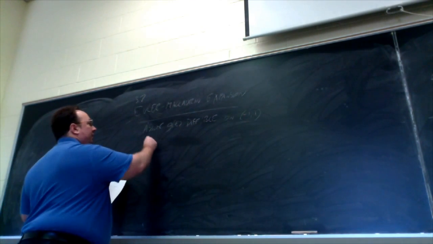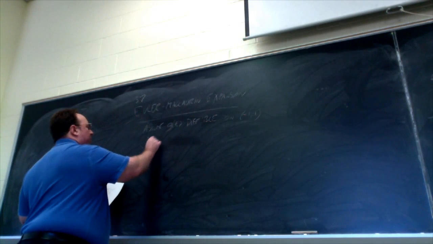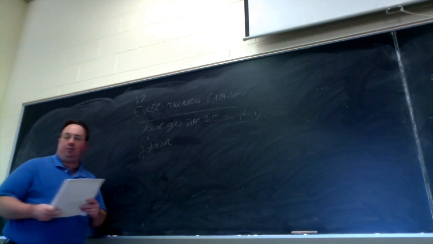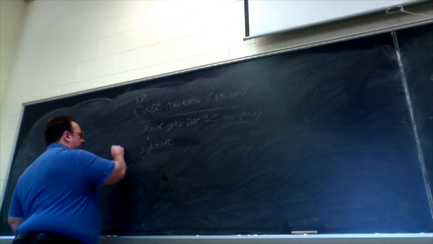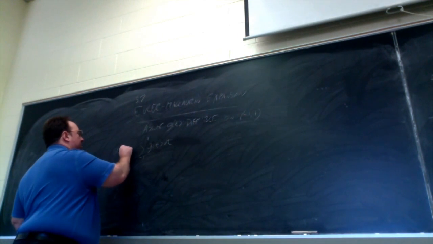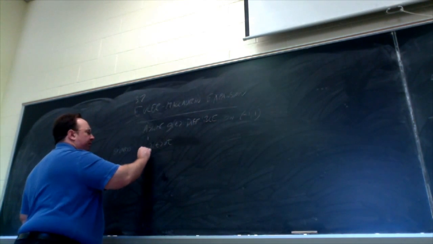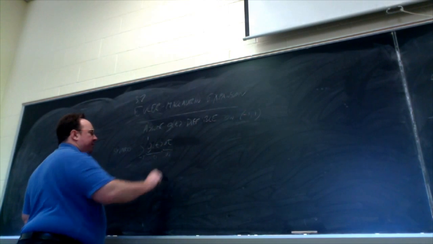So then, here's what I can do. I work out the integral of g on -1 to 1 using integration by parts. So this would have to be the u, and this would have to be the dv.